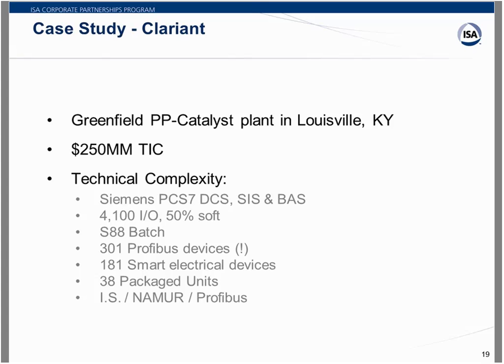So each one of these was its own unique control system integration challenge. And part of this being a German company, they used a lot of standards that aren't so common in the United States, like a complete intrinsically safe I/O system and electrical, NAMUR signal levels on the discrete signals, and as I mentioned, a lot of Profibus networking and devices.